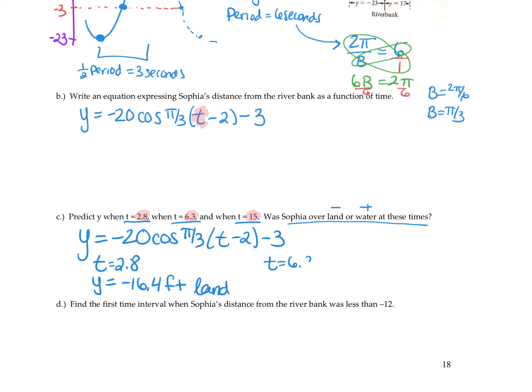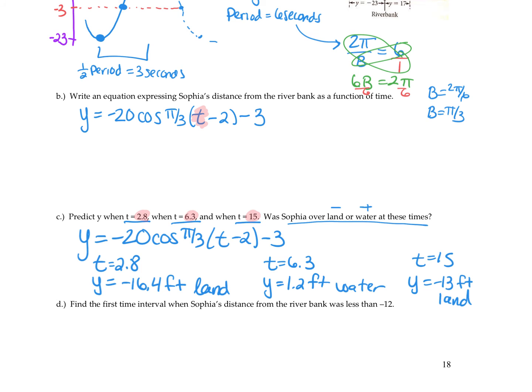When my t was 6.3, my y was 1.2 feet, and so this would be water. And when my t was 15, my y would be negative 13 feet, and so this would be over land.